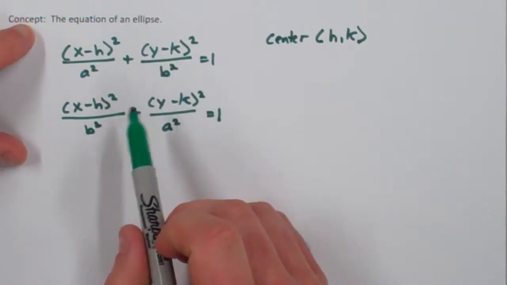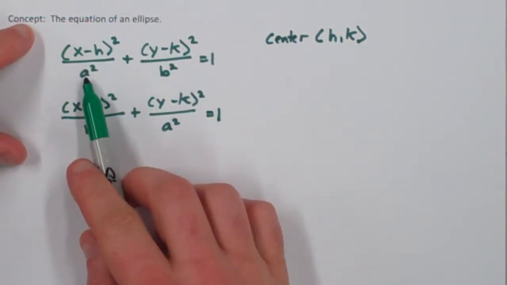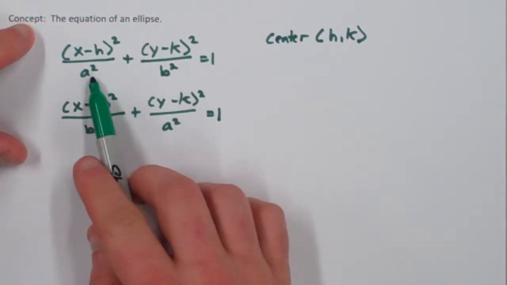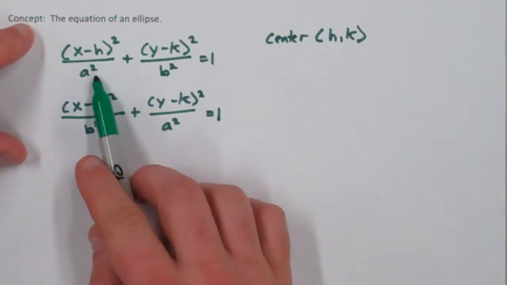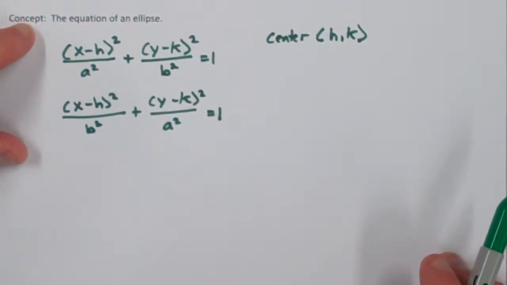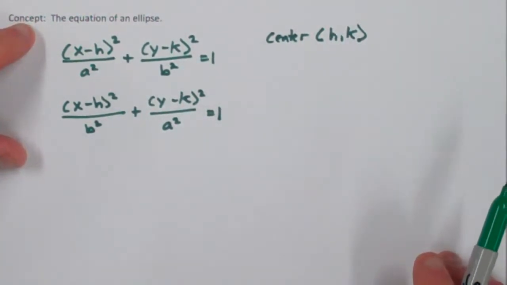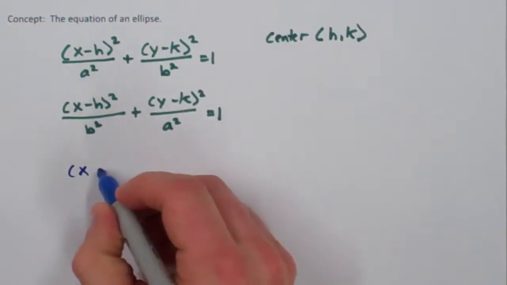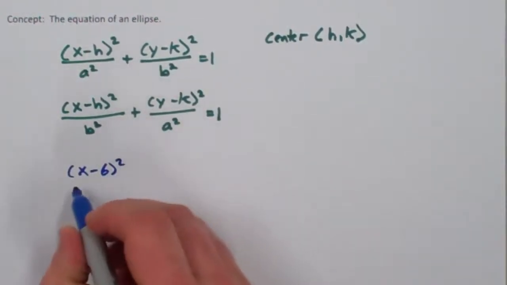If you take a look at the bottom down here, we've got a squared in the bottom. So whatever value you see here, just take the square root of that value, and that'll give you a, which is the length of the semi-major axis. As a matter of fact, what I'll do is write down an example for you so you can see how this works for real.